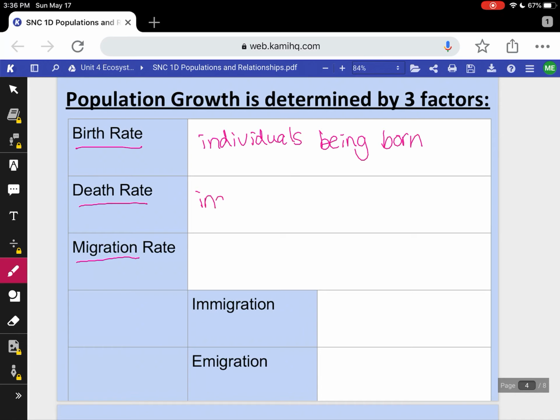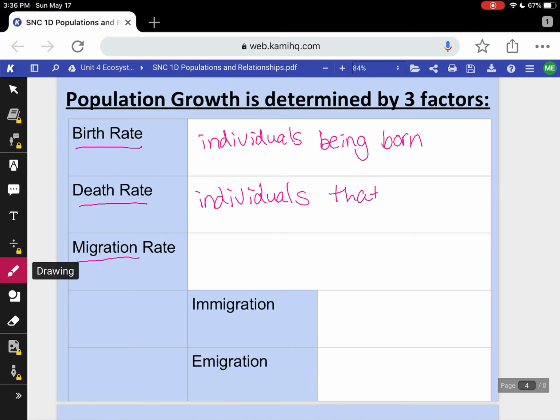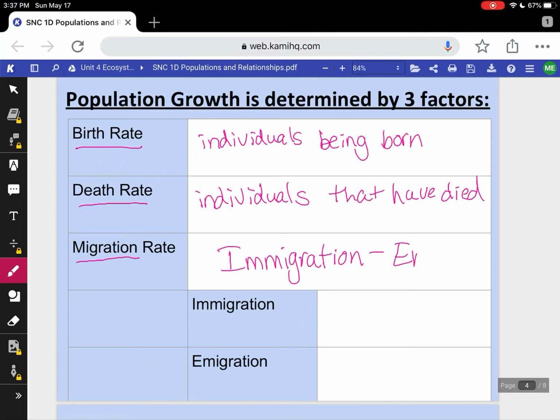Our death rate is individuals dying. And then our migration rate is actually immigration minus emigration.